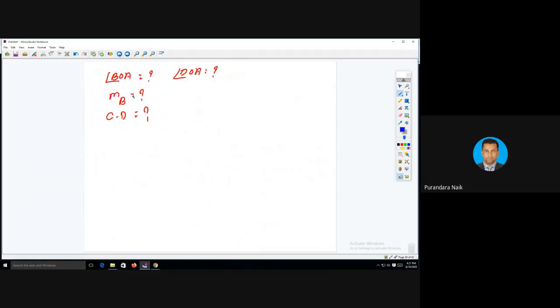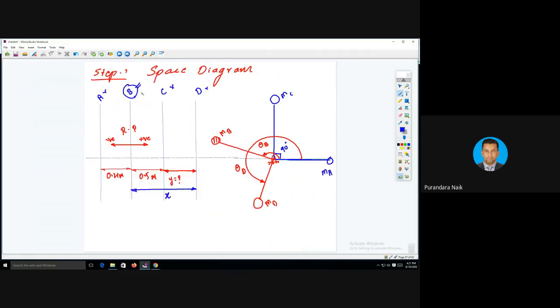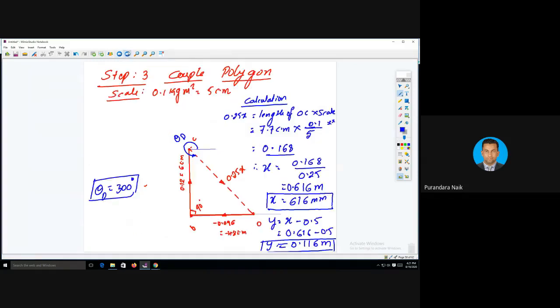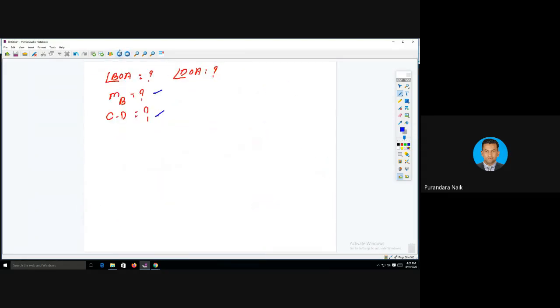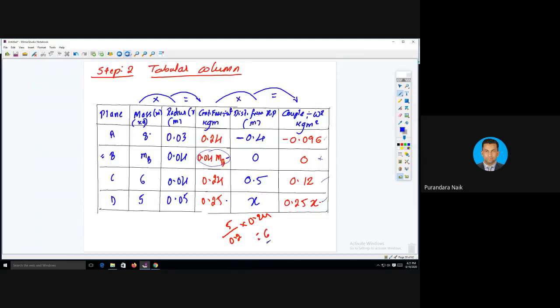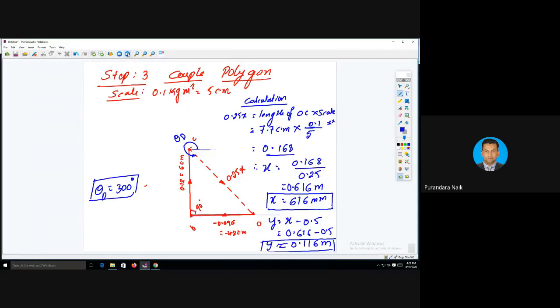And distance C to D is the Y value. Y value we have found in the couple polygon. Y is equal to 0.116 meter or 116 millimeter. And we have found the angle of D, theta D also, that is 300 degree.